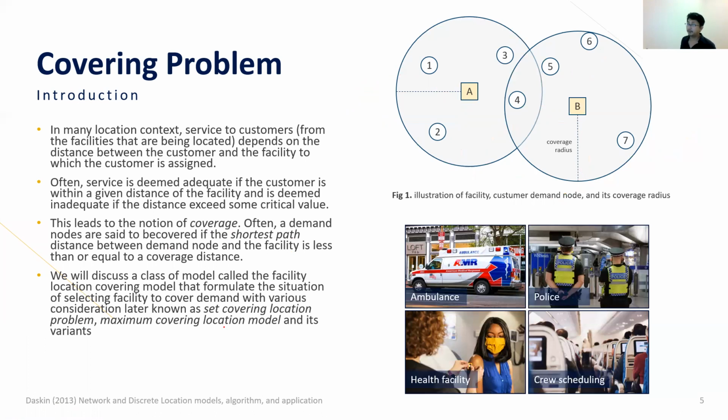For example, in facility location, you may find the application in locating ambulance facilities. If you want to make sure all your area is covered by the ambulance facility, you first need to determine the minimum radius to be covered by the ambulance.